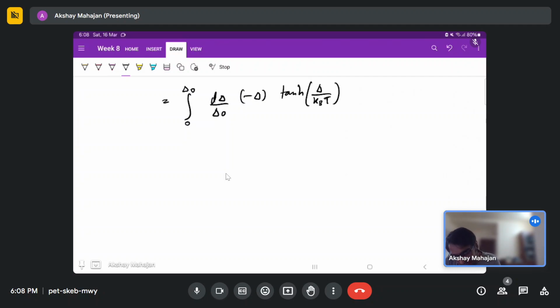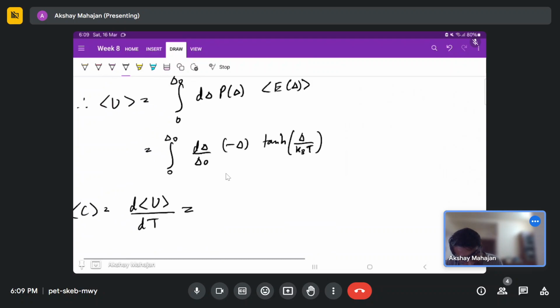So the specific heat will be d U by dT, the average U by dT.